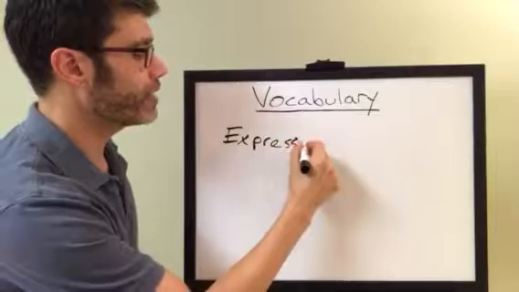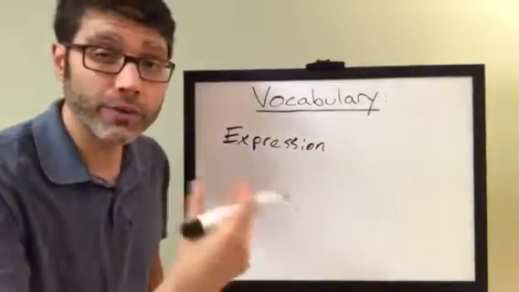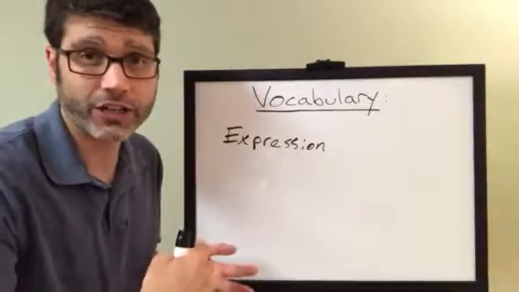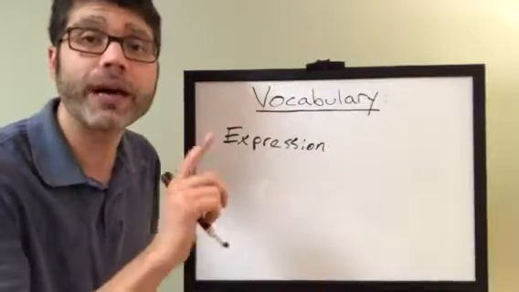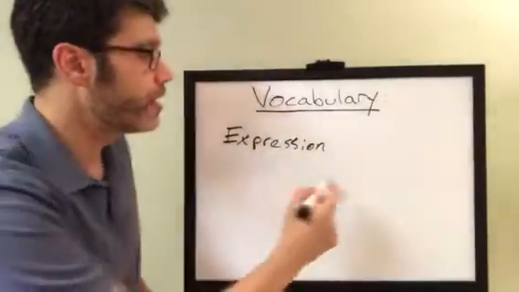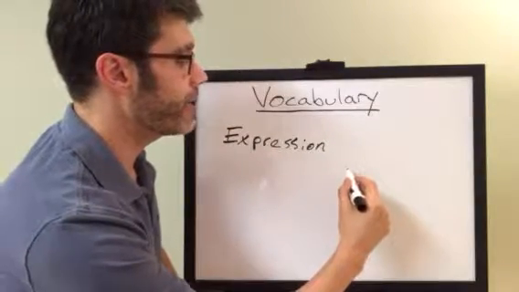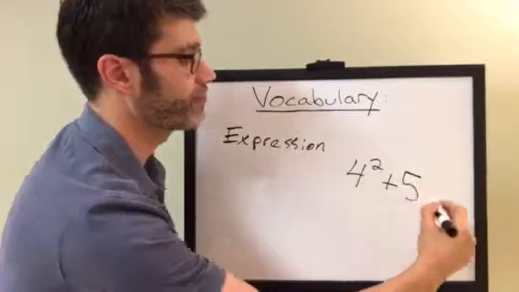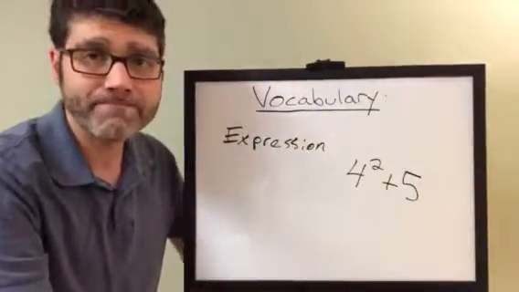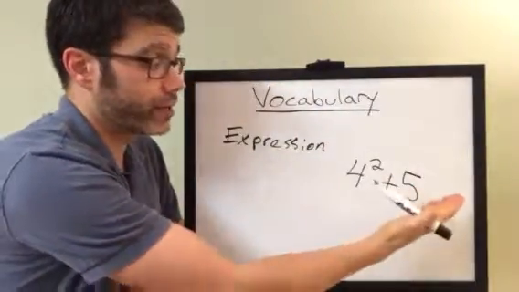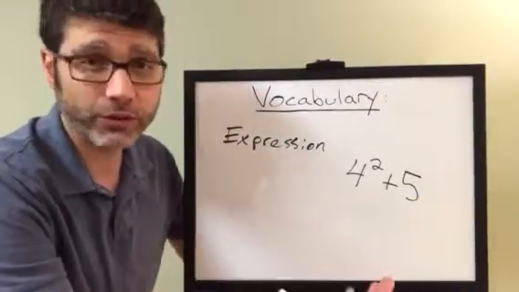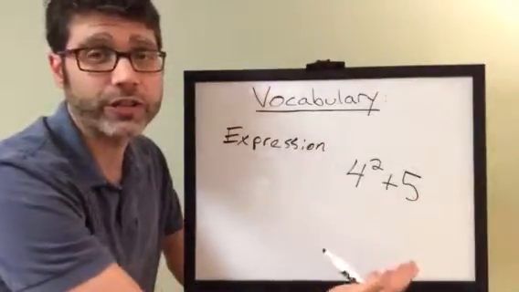An expression is a group of terms that are related to each other through addition, subtraction, other operations like that, but there's no equal sign. So if I said, let's say 4 squared plus 5, that's not equal to anything. I don't want it to be set equal to something where I'm trying to find a variable. This is an expression, there's no equal sign.